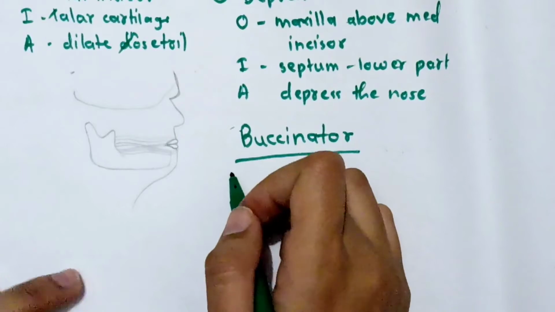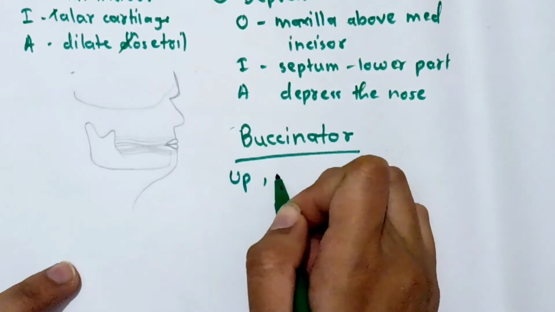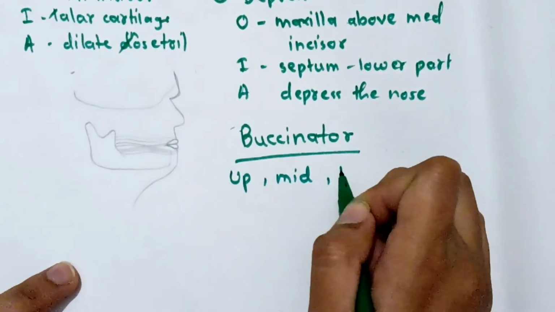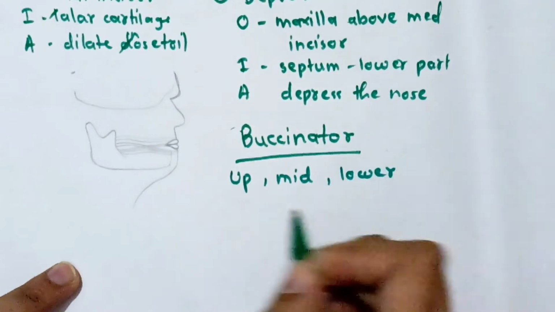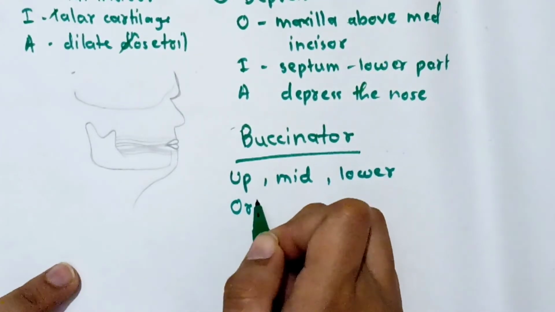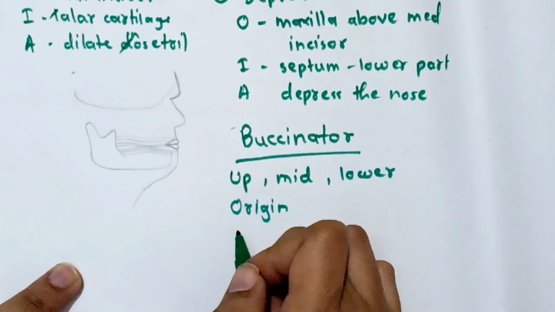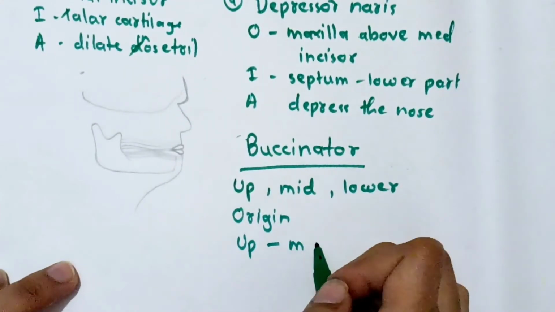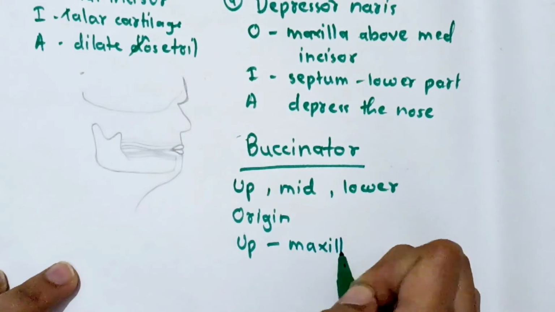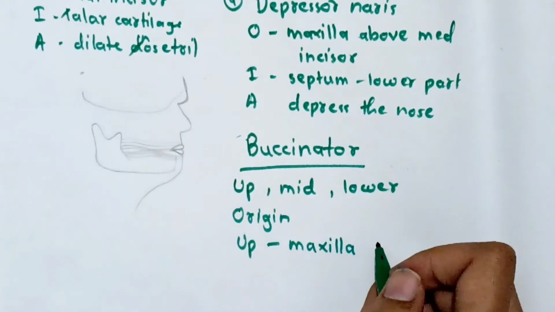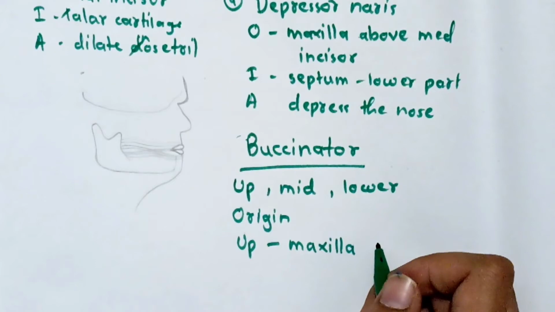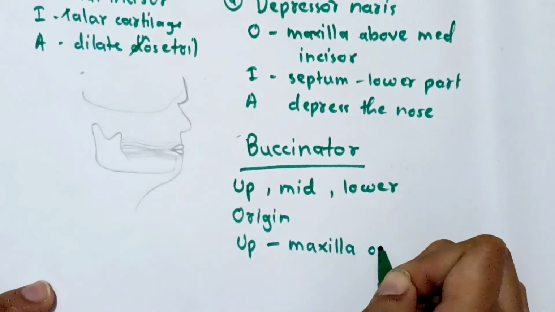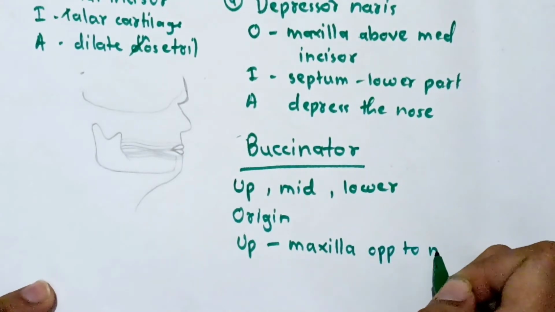It has three fibers: upper fibers, middle fibers and lower fibers. The origin of the upper fiber is from the maxilla opposite to the molar teeth.